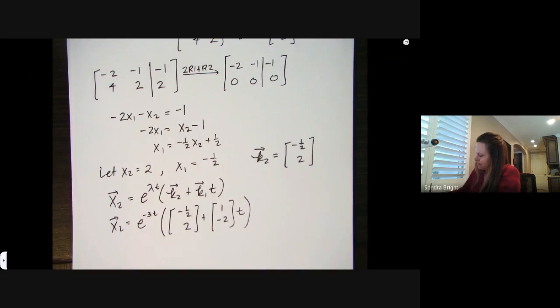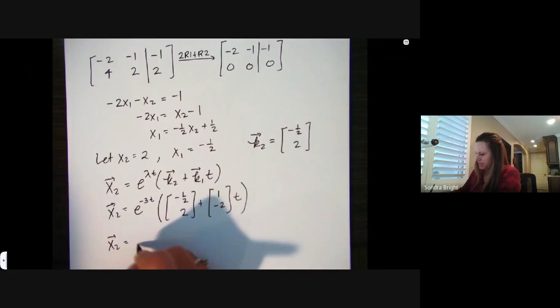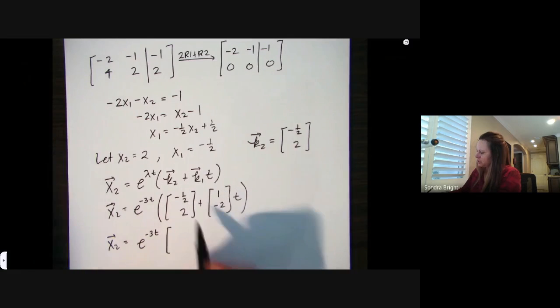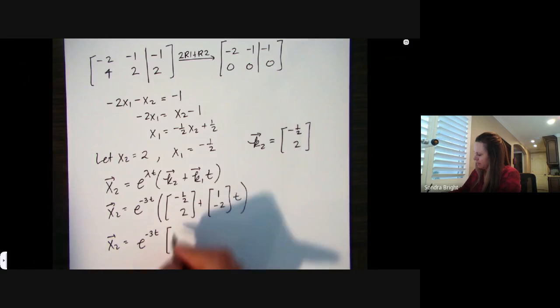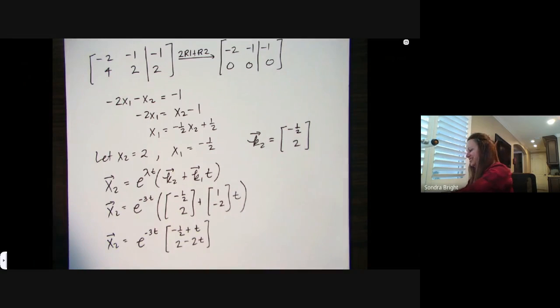So that means x2 is e to the -3t times the matrix: I would go -1/2 plus 1t, and then 2 plus -2t. So there's your second solution.